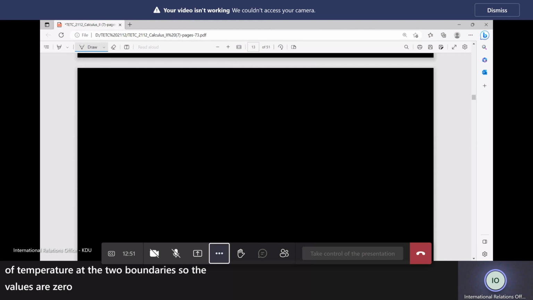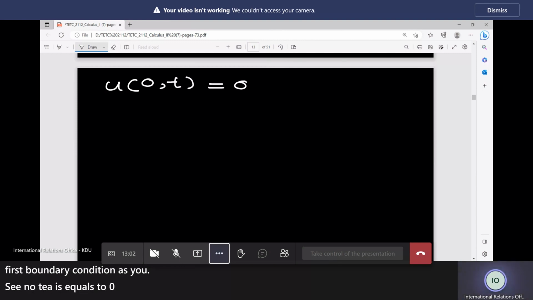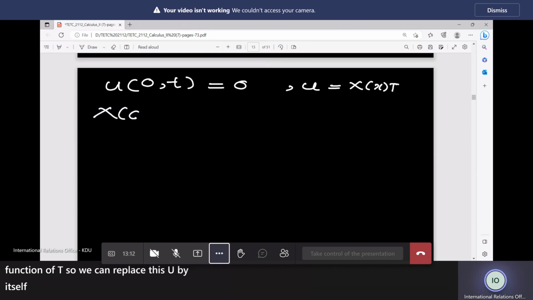We can state the first boundary condition as u(0,t) equals 0. And we know that our u is defined as a function of x and a function of t. So we can replace this u by X(x) T(t).